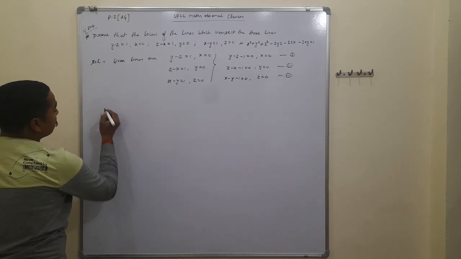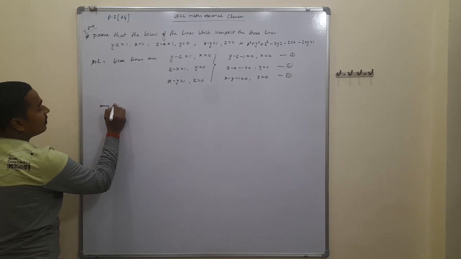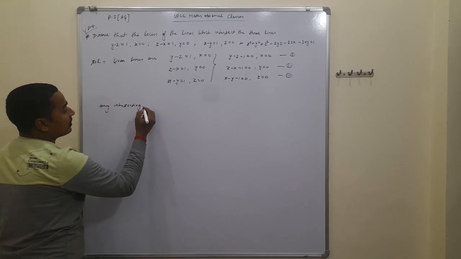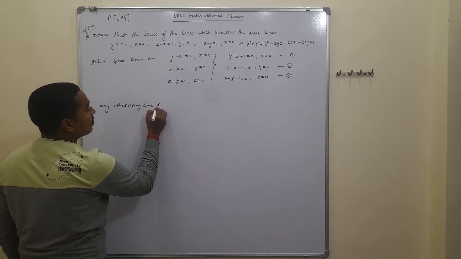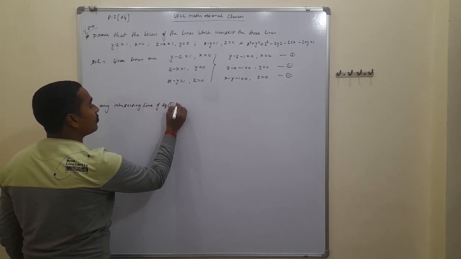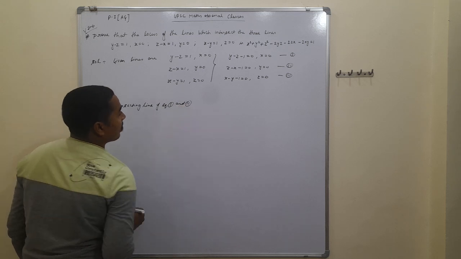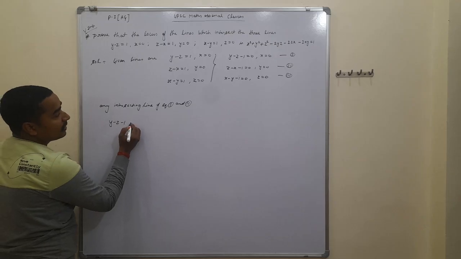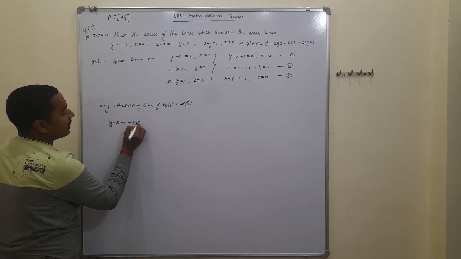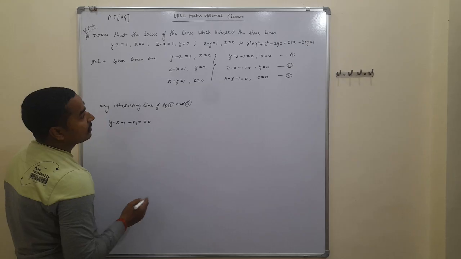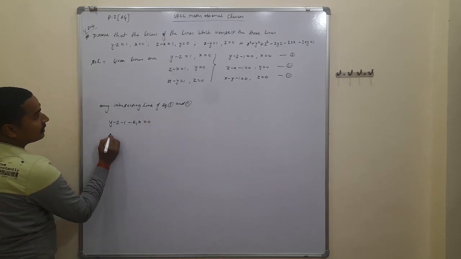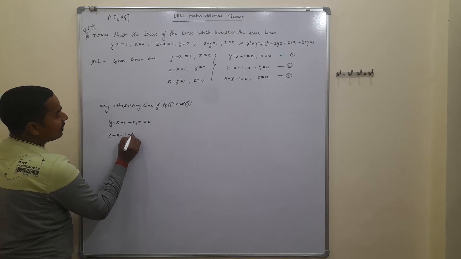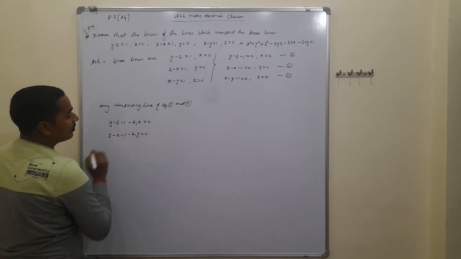And further we have to write any intersecting line of equation 1 and 2, that is y minus z minus 1 minus k1x is equal to 0, and the second line is written as z minus x minus 1 minus k1y is equal to 0.